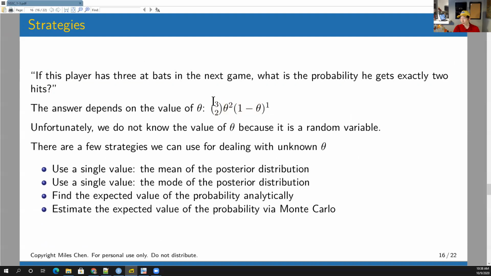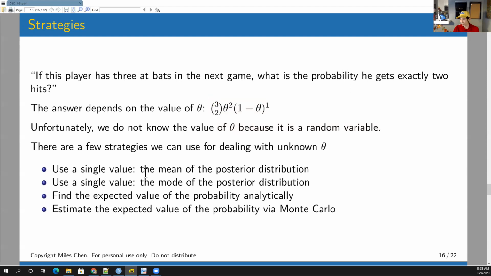This part's okay, right? This is just a binomial probability, 2 hits in 3 at-bats. But we don't know what theta is. Theta is a random variable. So how do we answer this question if you don't know what theta is?